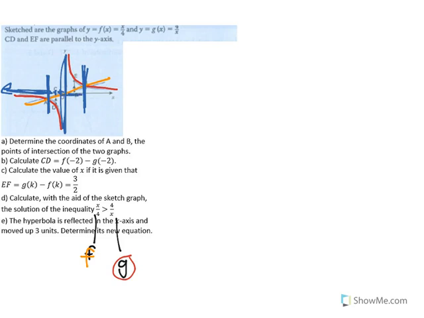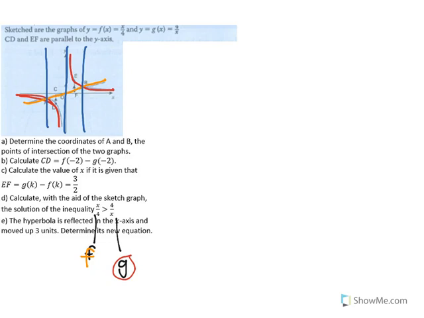So if we look at these inputs, when we put them into the straight line function, the outputs are smaller than when we put them into the hyperbola. So we're looking for regions where the straight line is above the hyperbola, and that occurs in two places.